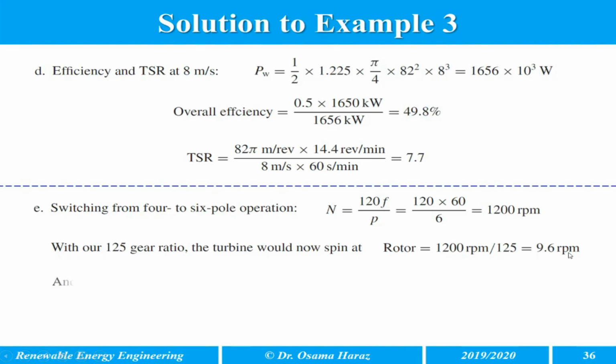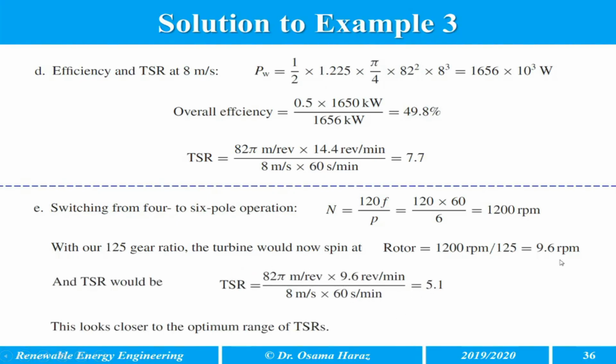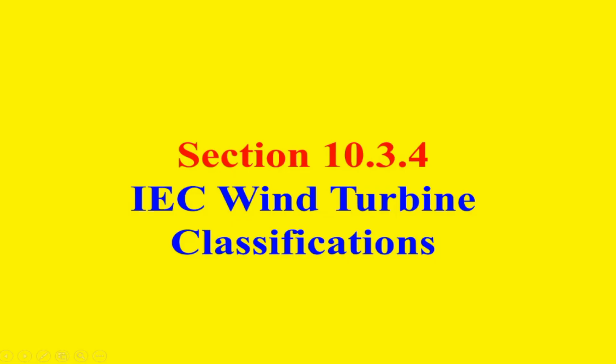With this 9.6 RPM, we calculate the new TSR, which will be 5.1, and this looks closer to the optimum range of TSR values. This is the end of this example.